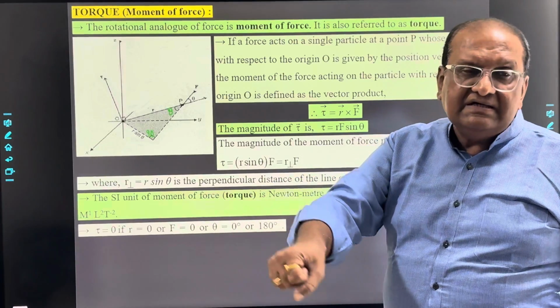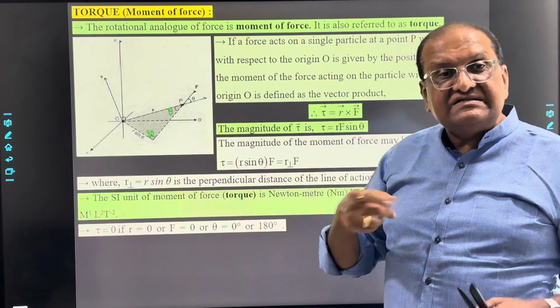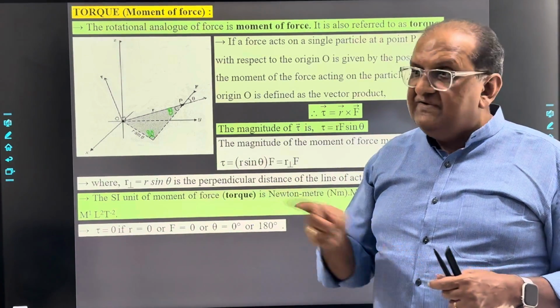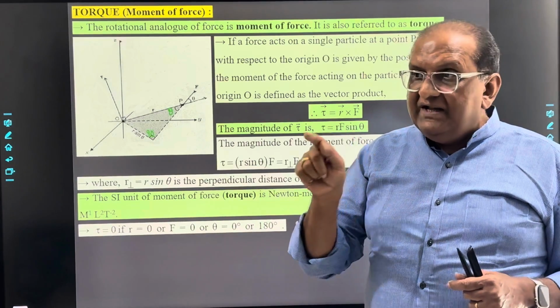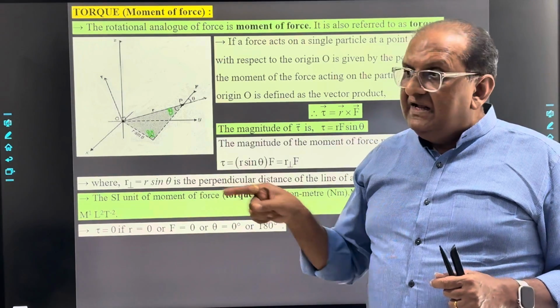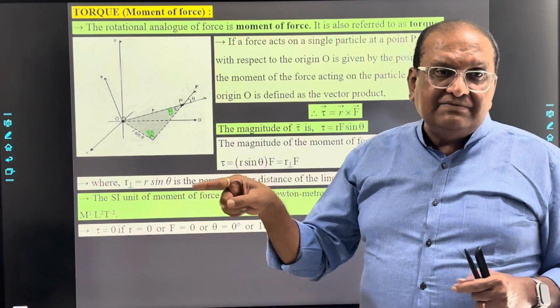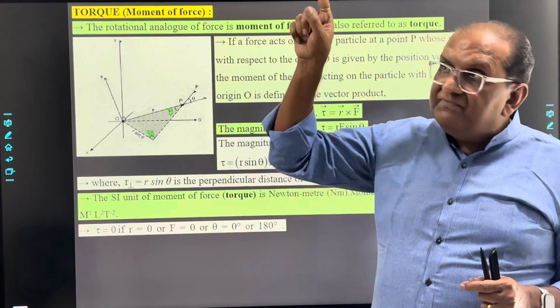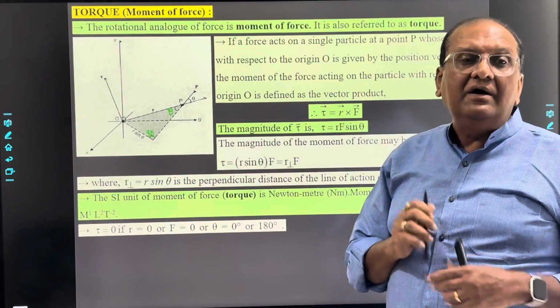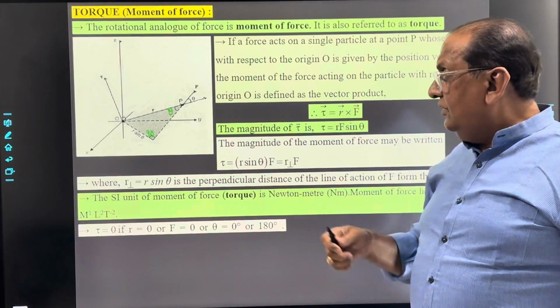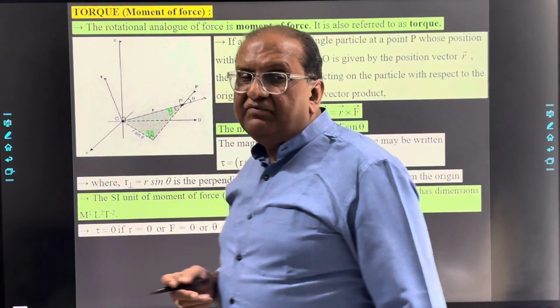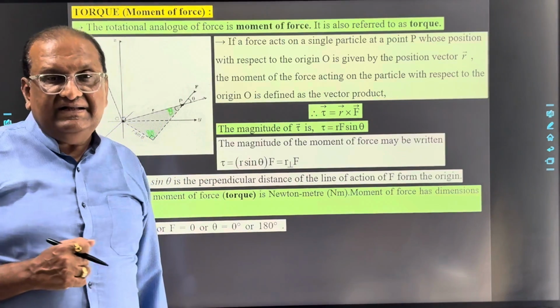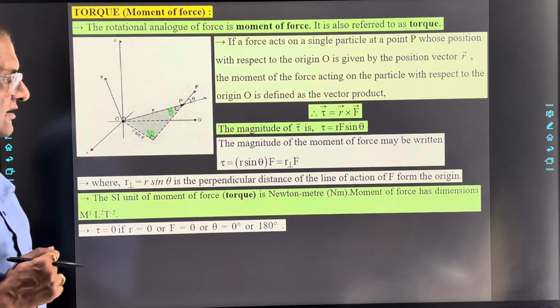You have to exert some force on the handle at some angle, and the handle should be at as much distance as possible, the maximum distance, from the rotational axis of the door, right? So with the help of this type of day-to-day example, you can understand this thing easily. Clear to all of you?